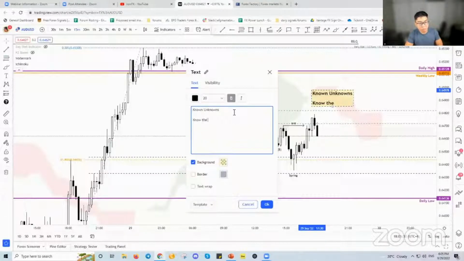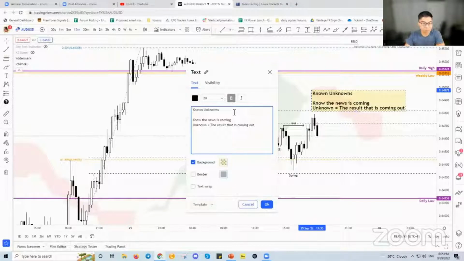I know the news is coming. We all know it. We saw it on TradingView, 8:30 p.m. But we do not know the result of the news. Unknown is equals to the result that is coming out. We do not know that. So I try to avoid it.